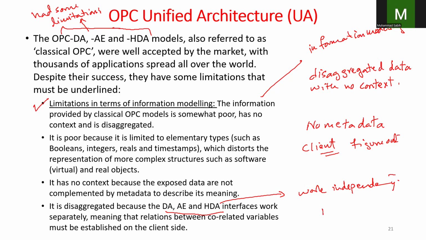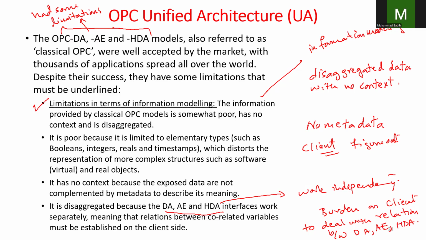The burden was on the client to find the correlation and deal with the relation between these DA, AE, and HDA models. That's why OPC UA was developed to overcome these limitations.